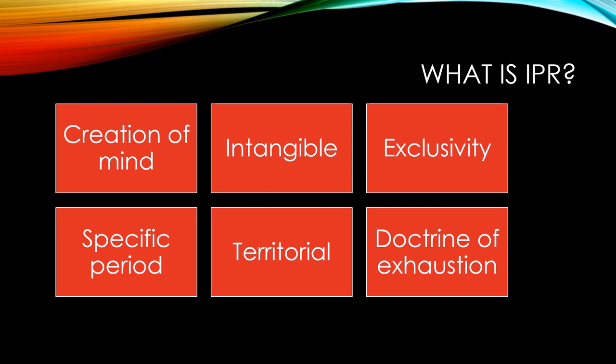And the most important aspect, dear student, maybe this is my favorite aspect of intellectual property right, it is subject to the doctrine of exhaustion. Doctrine means principle. What is this principle of exhaustion? It says that you use it, it will get over. That means suppose I have a patent and I licensed it.